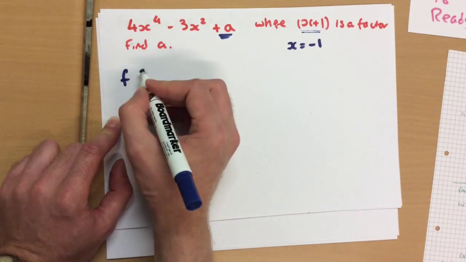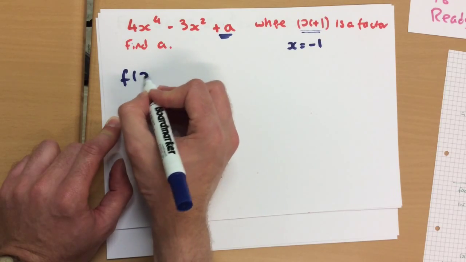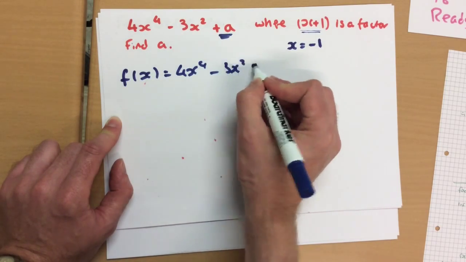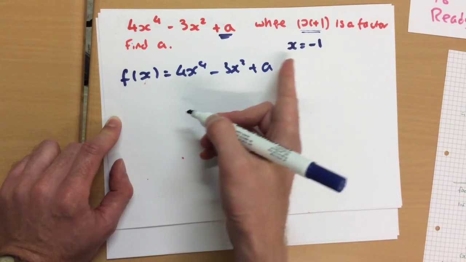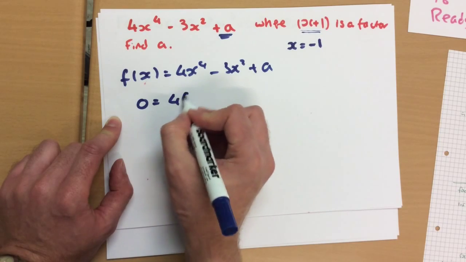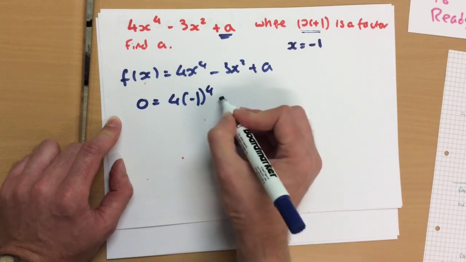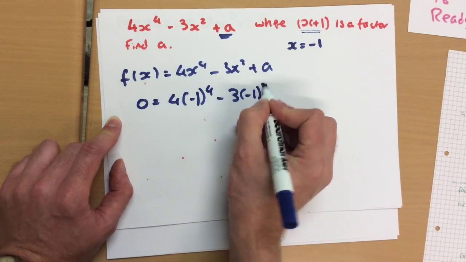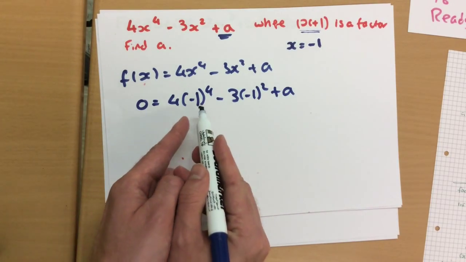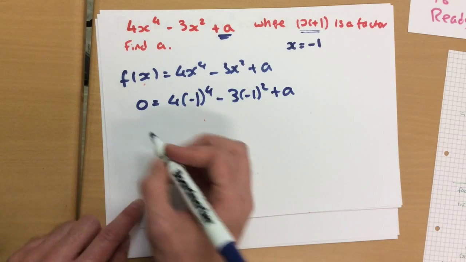So our function is 4x to the 4 minus 3x squared plus a. So we're going to substitute in negative 1. So we say 0 equals 4 times negative 1 to the 4, subtract 3 times negative 1 squared, plus a. Because if this is a factor, our answer is 0.